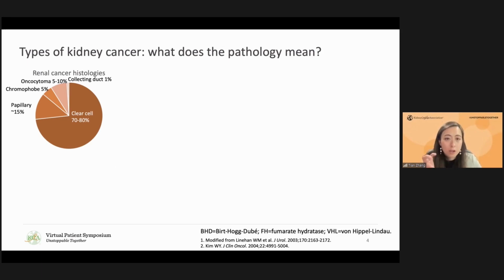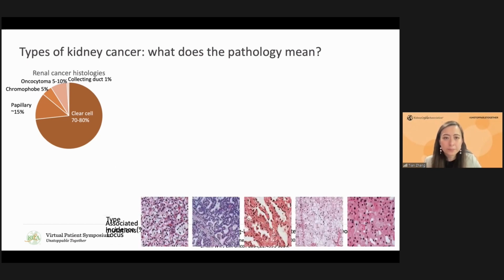Of the non-clear cell bucket, there's actually a variety of pathologies, of which papillary is the most common, around 15%. Chromophobe and oncocytoma we think of as more benign, as these do not spread to other sites. And then collecting duct, translocation type, you'll also hear about medullary type. These are all very rare histologies of kidney cancer.